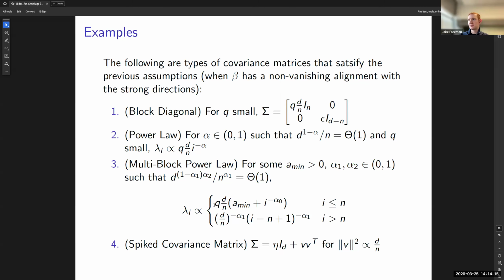So this is a 2-block power law decay. Again, the assumptions that restrict which ones you can use come from our summability requirements. We can also handle appropriately scaled spiked covariance matrices, just like a rank 1 update to the general covariance matrix.